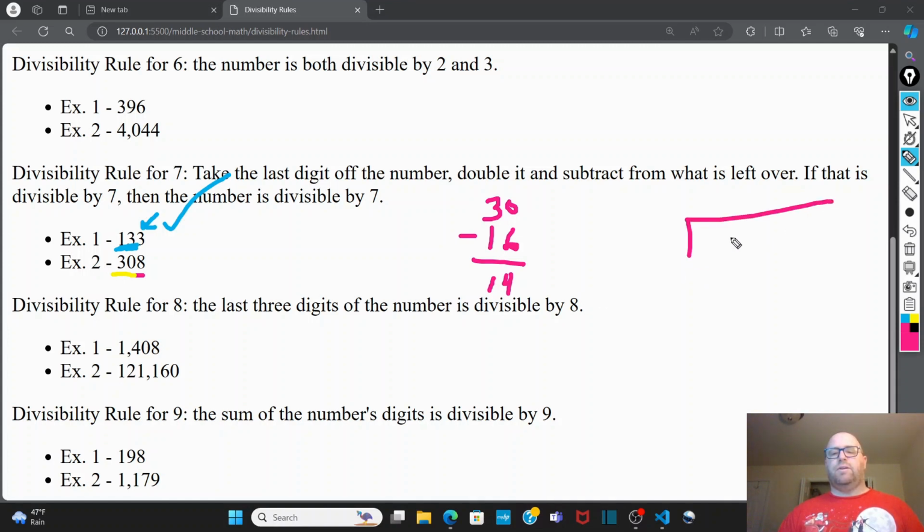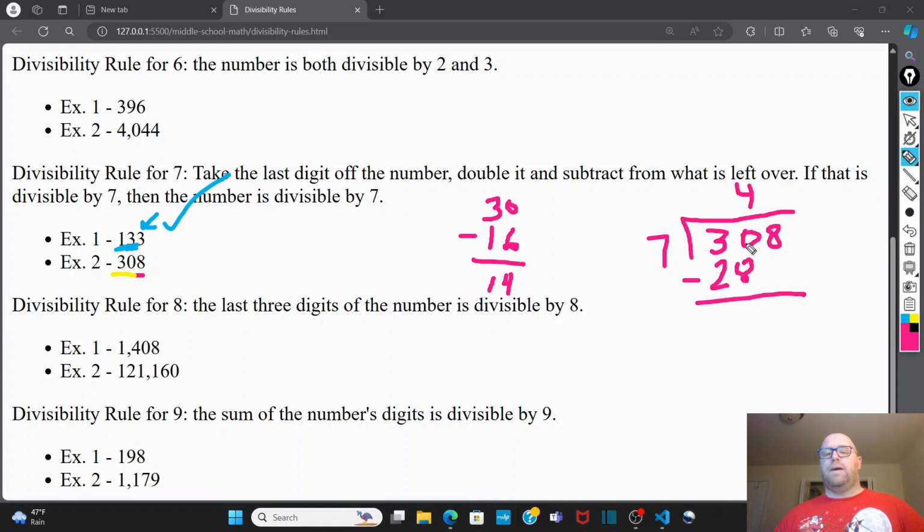Let's check. So we're going to do 308. And let me make that a little bit better. 308. Divide that by 7. 7 doesn't go into 3, but it goes into 30 4 times. 4 times 7 is 28. 30 minus 28 is 2.